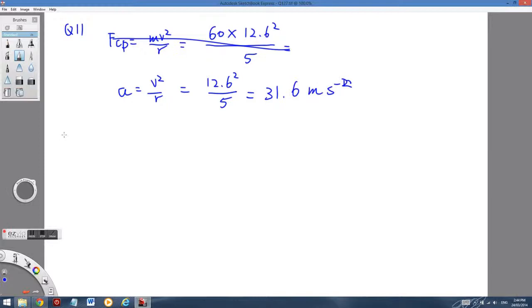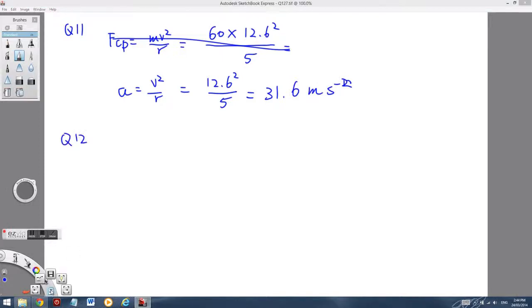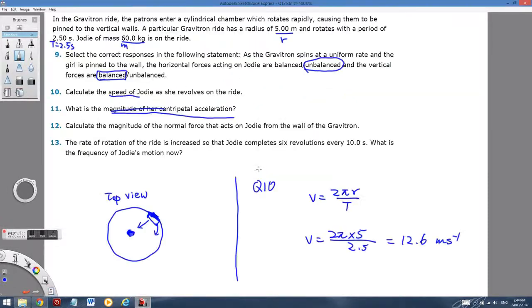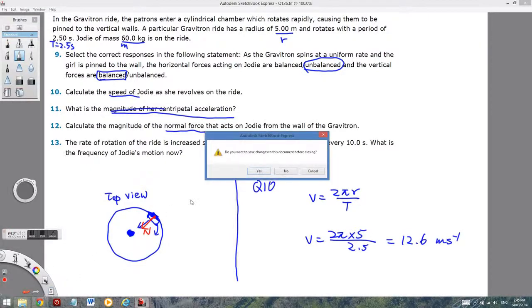Then question 12 is asking me for the normal force. Here is a tricky one. The normal force is the force of the surface acting on the object. That's the normal force. And the net force is your centripetal force. Just remember your centripetal force is going to be your net force.